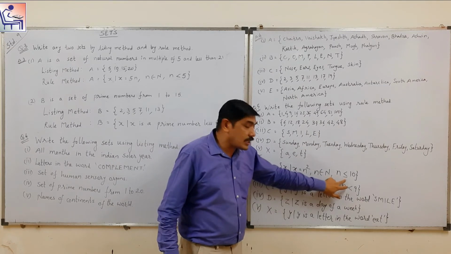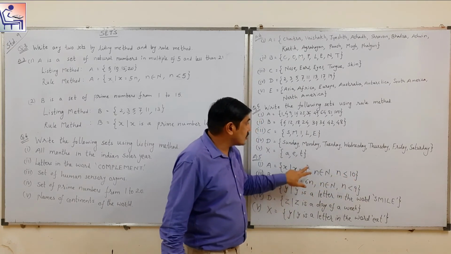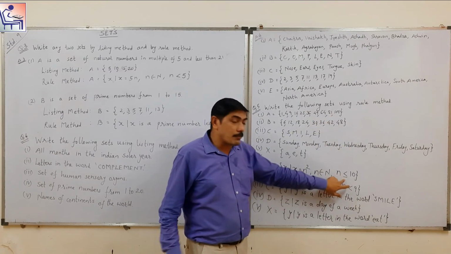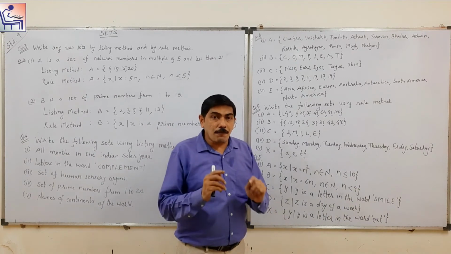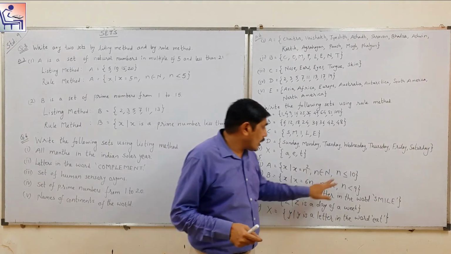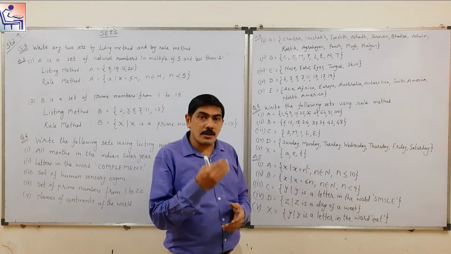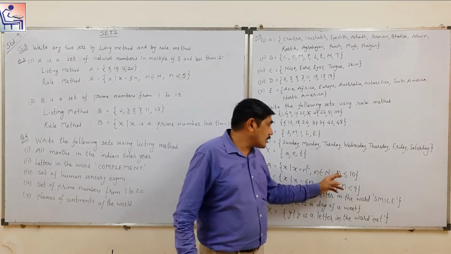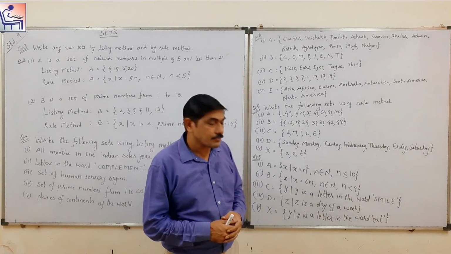And here we will include 10 also because less than or equal to 10. So 10 square 100. So please remember n is less than or equal to 10. If you want to write, you can write n is less than 11. Okay, so there is no need to write less than or equal to. If you write n is less than 11, then also it is correct.